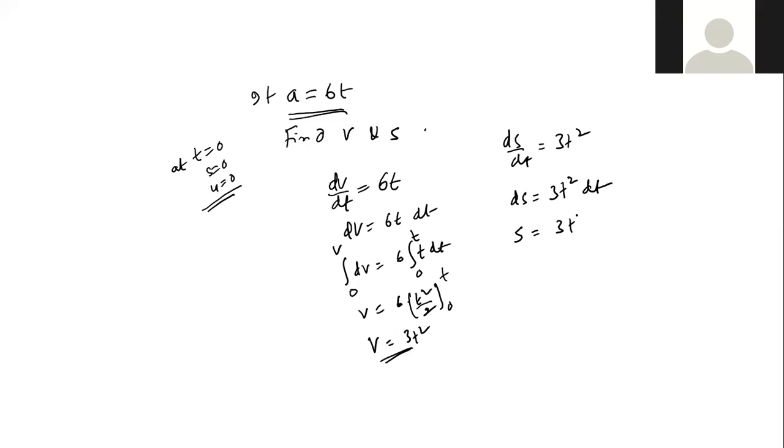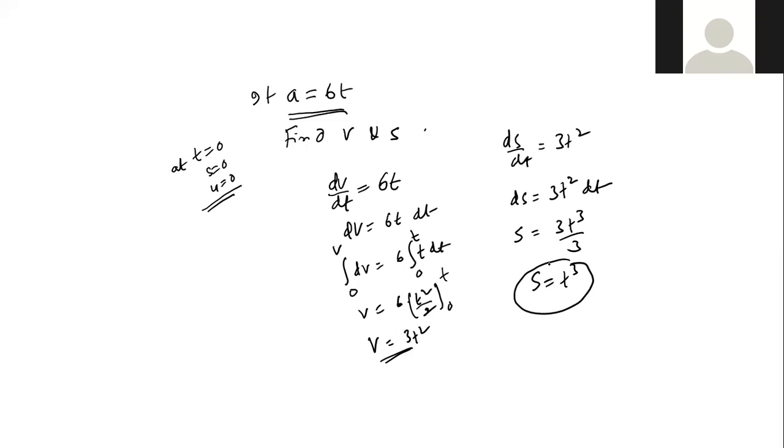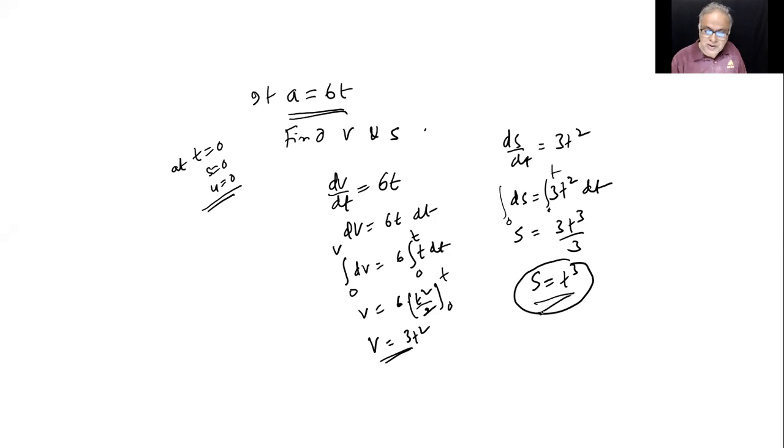S is equal to 3t cubed by 3, equals t cubed. You can write 0 to s, or delta s also here, doesn't matter. You understand? 0 to s or s1 to s2, 0 to t, all that we did. Later we got displacement as t cubed, velocity as 3t squared.